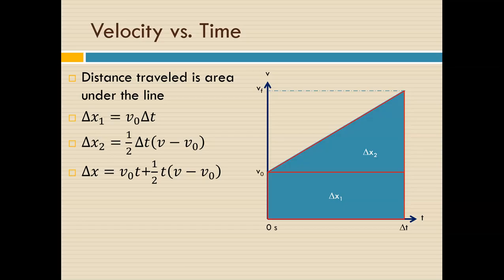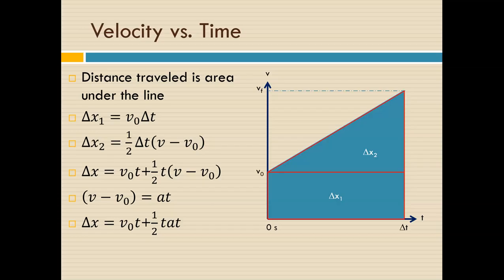Because in the previous slide, we had an expression which involved acceleration. Our expression was v minus v0 equals at. So what does that mean? That means what I can do is take that v minus v0 and replace it with at. And that will give me the expression delta x equals v0t plus 1/2 t times at.